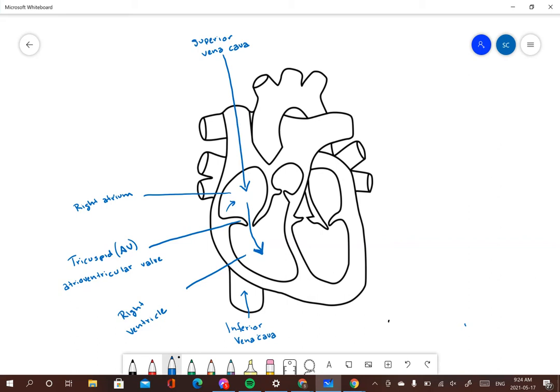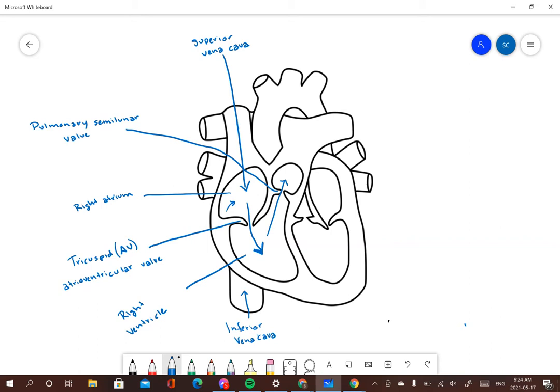Okay. So once all the blood has pooled in there, it is going to go through the next valve, let's do that up over here, which is your pulmonary semilunar valve. Okay, the pulmonary semilunar valve, which again has the same jobs as the tricuspid AV.